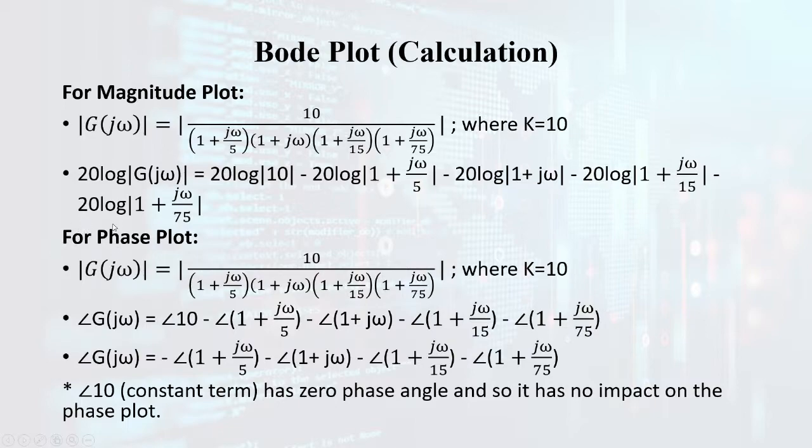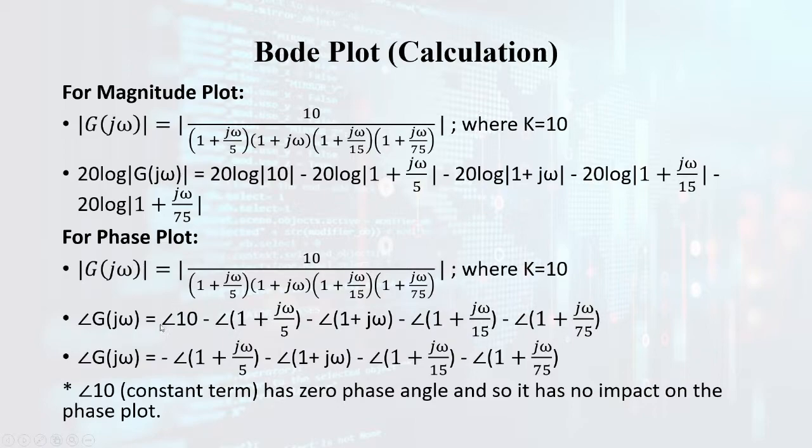Second, for the phase plot section, the angle of G(j omega) is equal to angle 10 minus angle of 1 plus j omega over 5 minus angle of 1 plus j omega minus angle of 1 plus j omega over 15 minus angle of 1 plus j omega over 75.